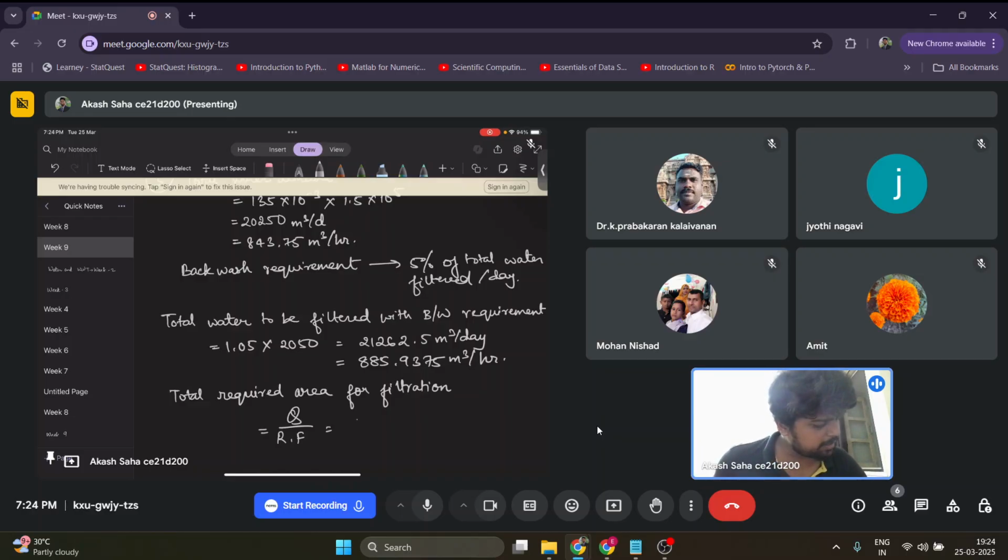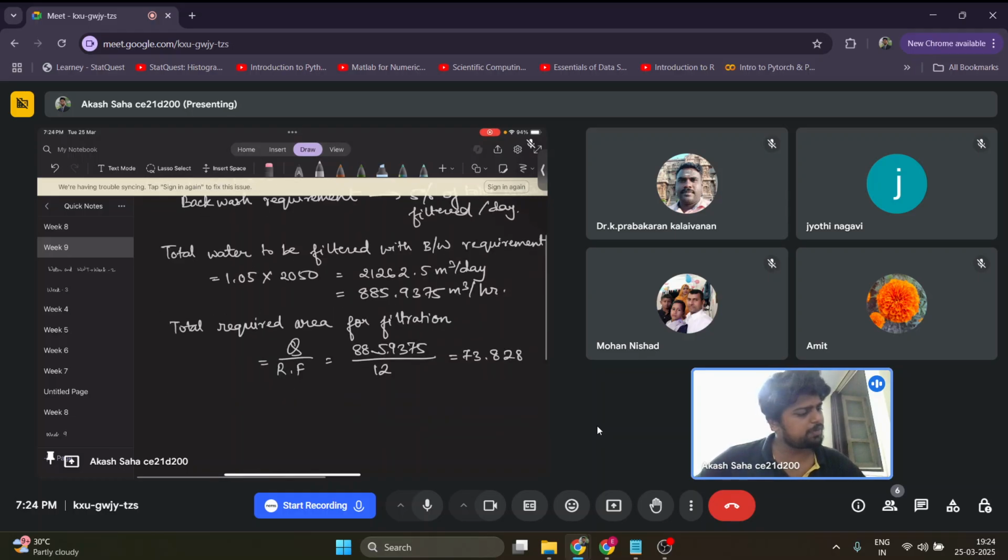So that is nothing but 885.9375 divided by 12 meter cube per meter square per day. So we will get the area as 73.828 meters square.